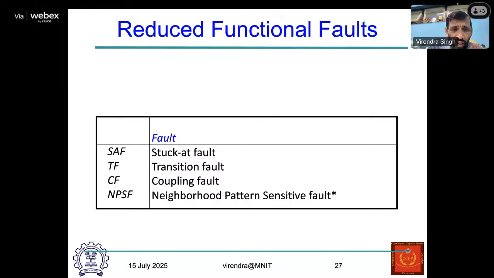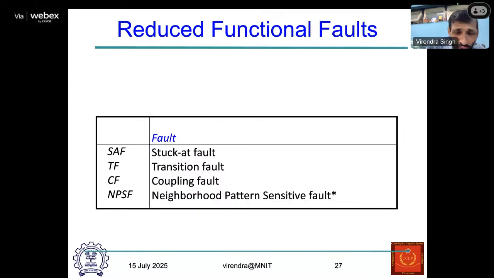And that needs n number of tests to be applied per cell basis. And now for n number of cells, I need n square number of tests that has to be applied, and that is not doable.